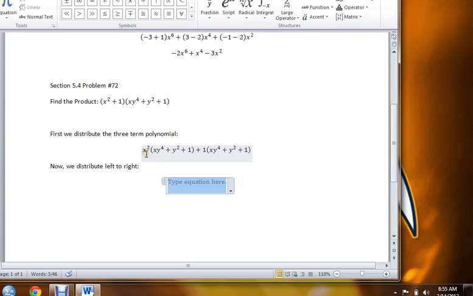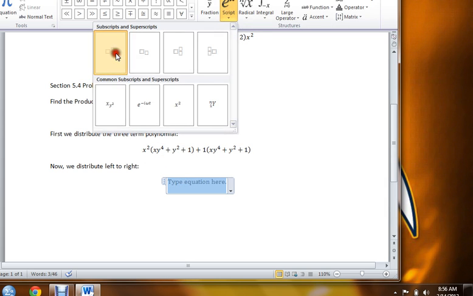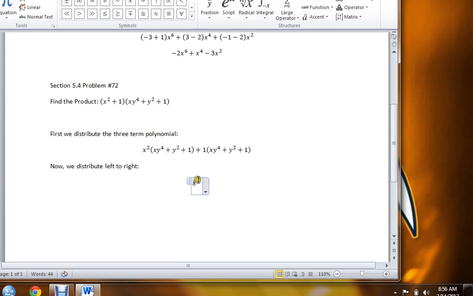So the first term becomes x squared times xy to the fourth, which we could either write out in that form or we could actually combine it together. X squared times x is x cubed, because you add the exponents when you have 2 things with the same base. And then your y to the fourth.